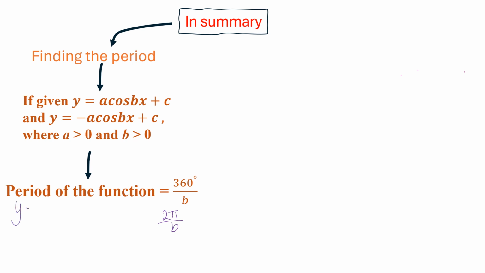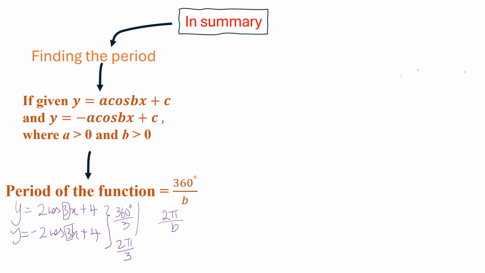Supposing you're given y equals 2 cosine 3x plus 4, or y equals -2 cosine 3x plus 4, then in this case, the period would just be taking 360 degrees divided by 3, this value here, or 2 pi divided by 3.